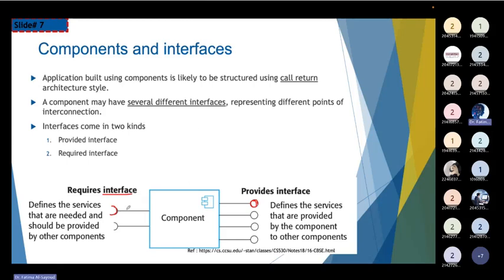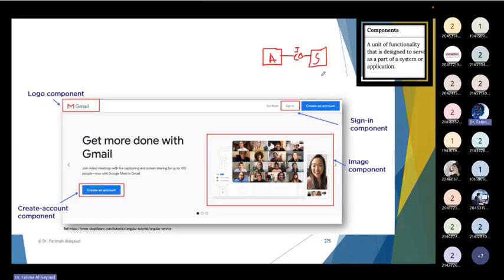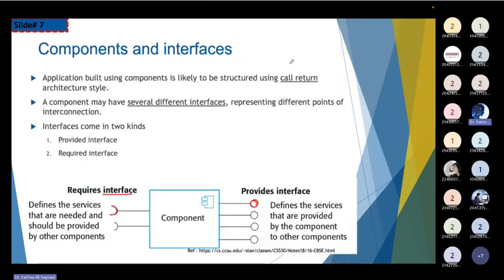When you have a component and another component, the account component is requiring, because it has an open mouth, from security, and security will provide it. What's the architecture of this one? It's a call-return. I'm going to request from security and it's going to return the role of access to me.